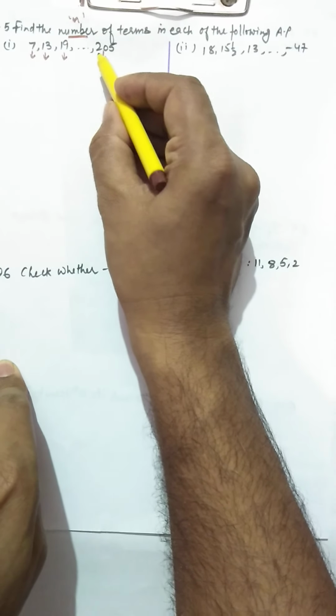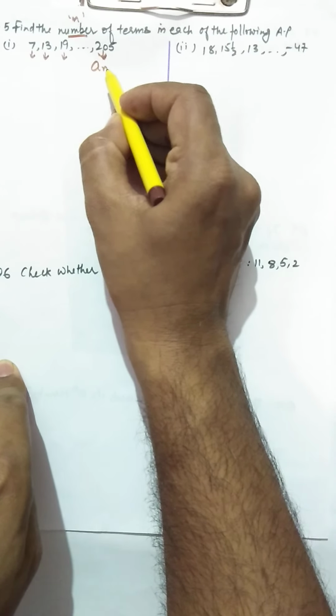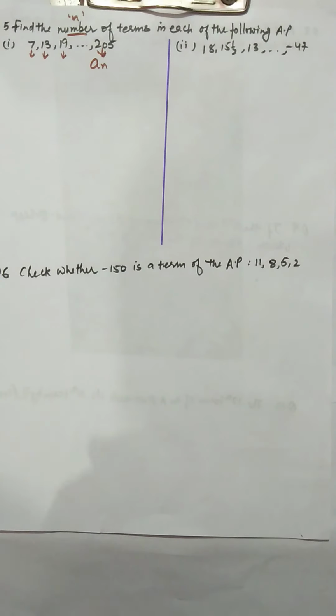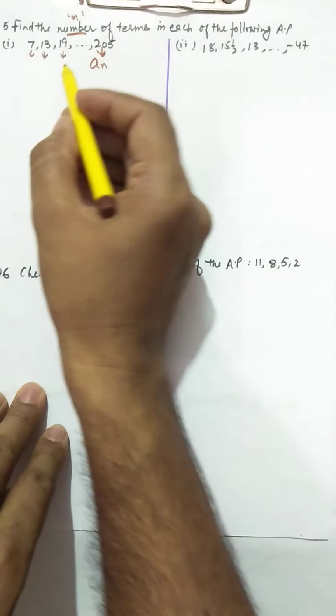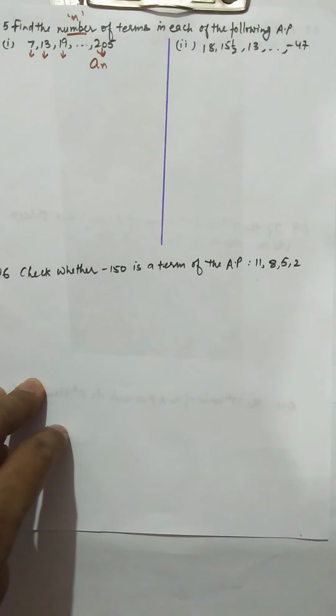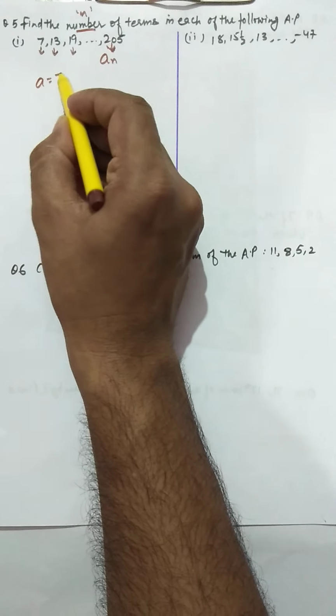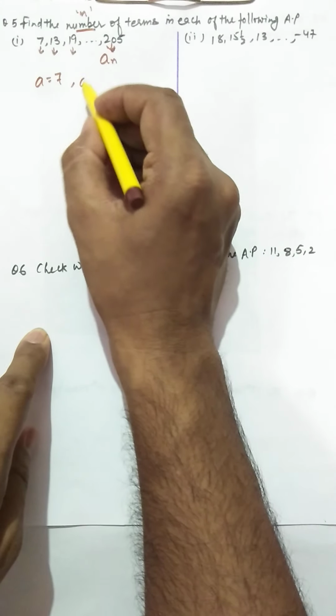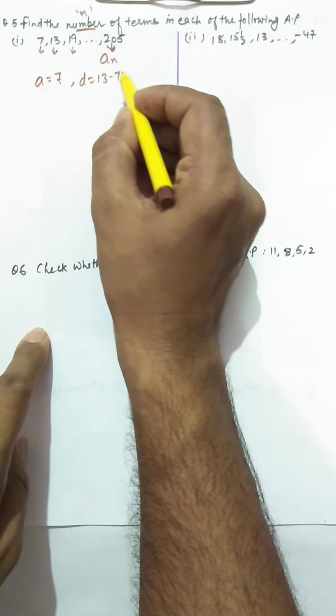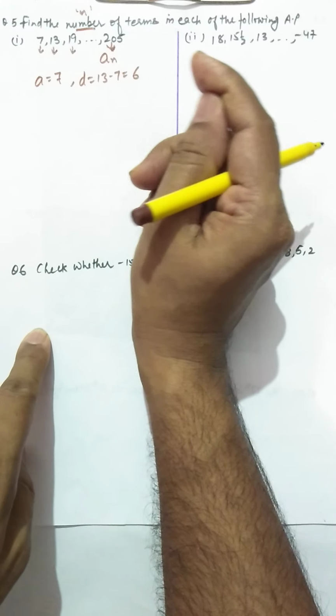So assume that this is your an term. Now you see A is 7, and D you can find as 13 minus 7, so this is going to be 6.